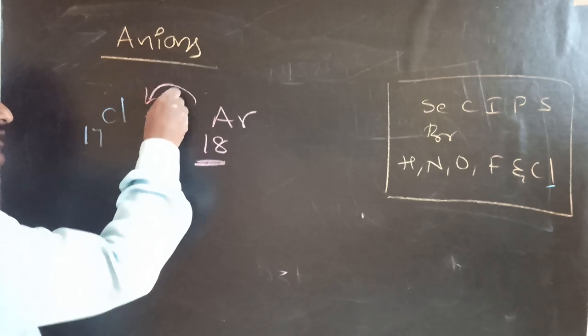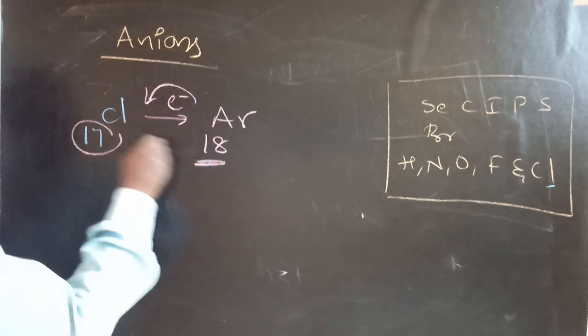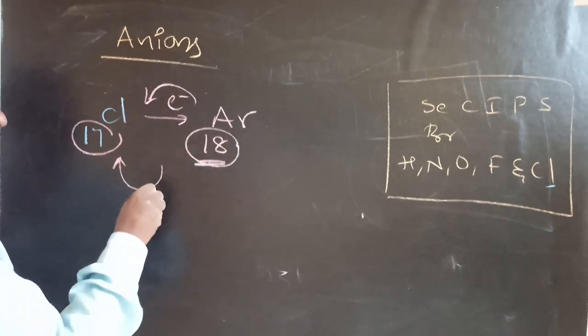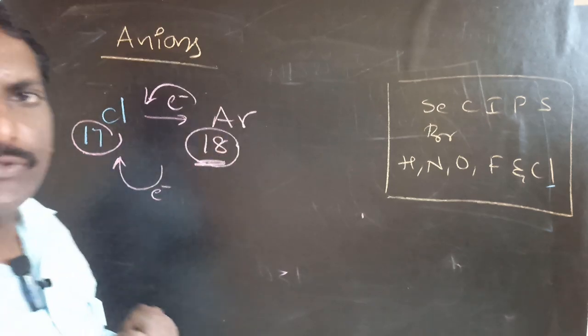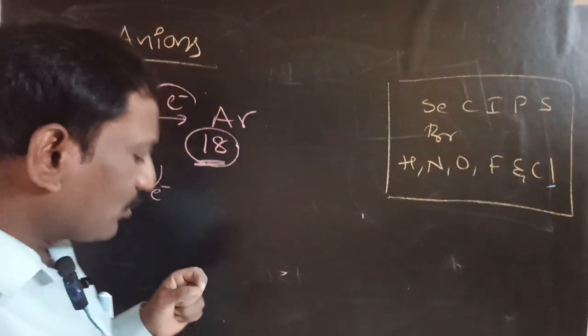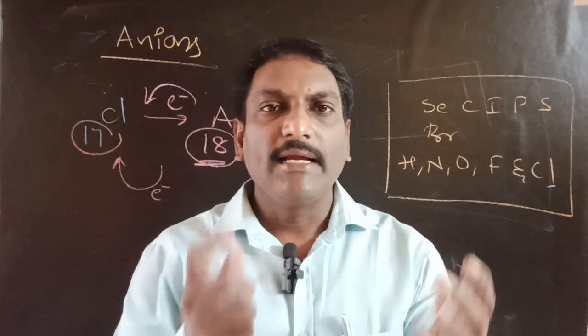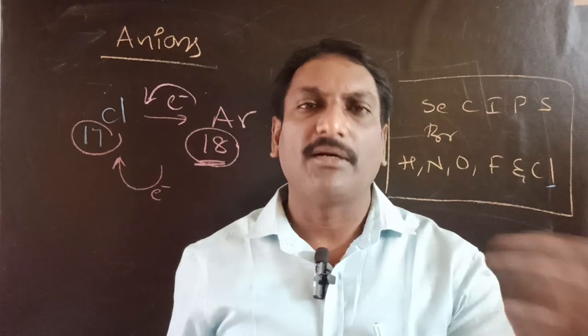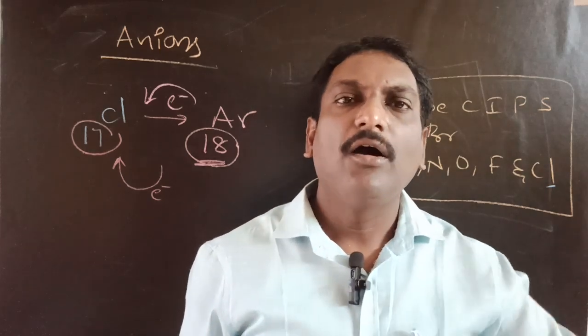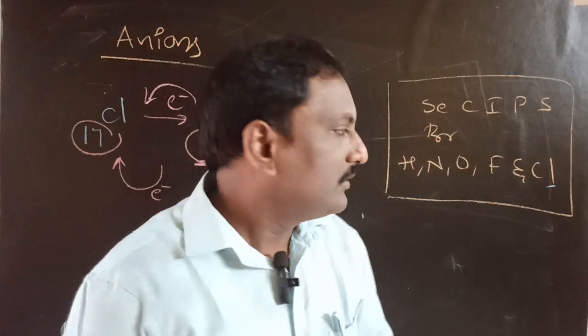It requires one more electron, because it has 17 and argon has 18. So if it gains one electron, it will be equal to argon. That's why it has a tendency to gain electrons from others in order to attain argon configuration.